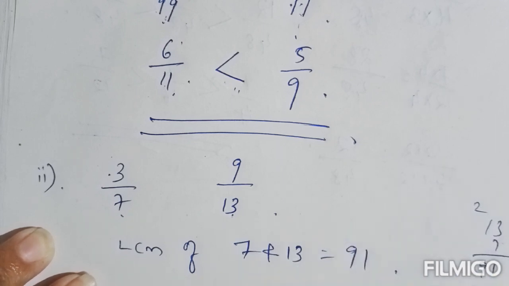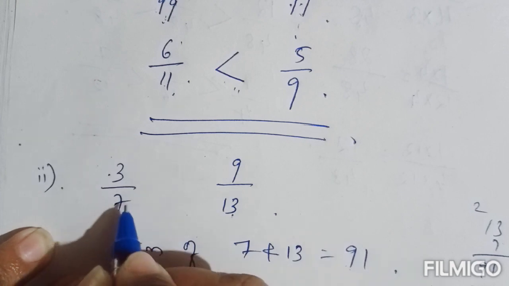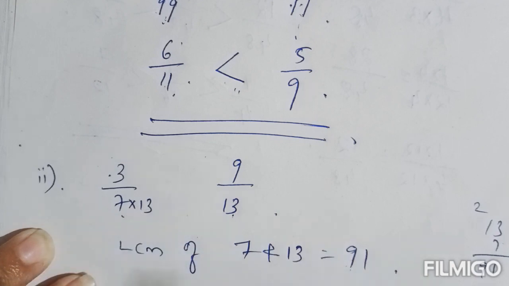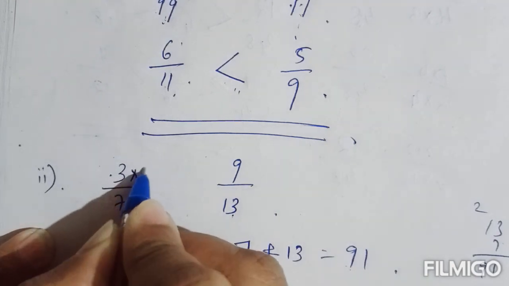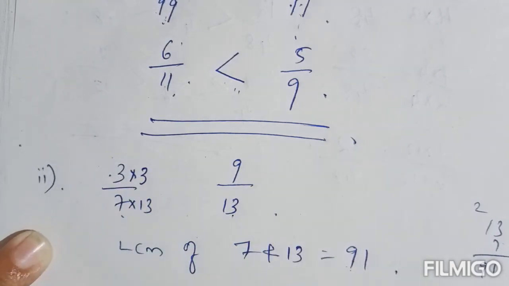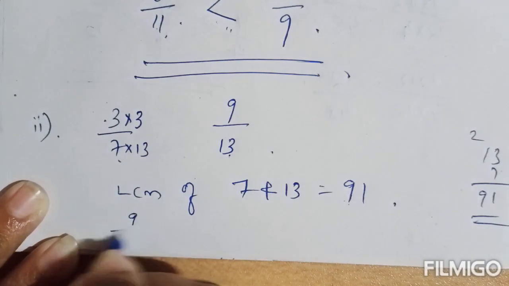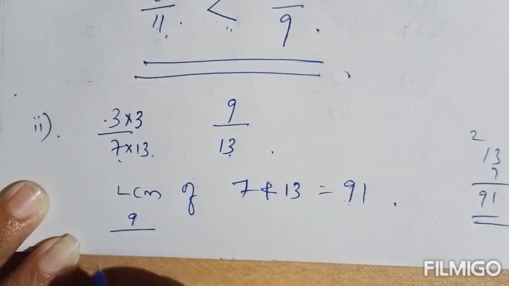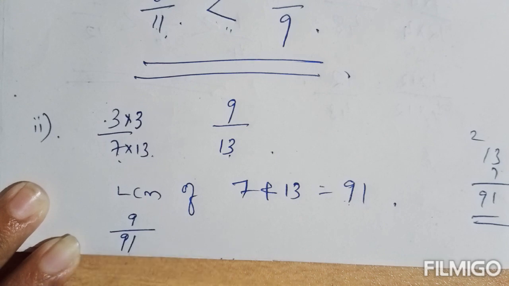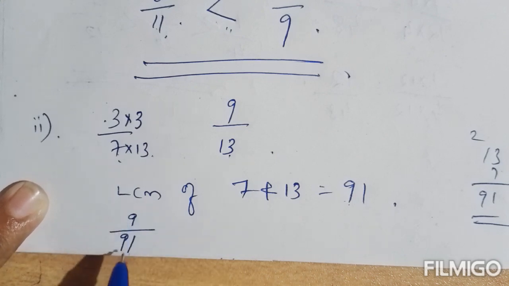Okay, now make the denominators equal to this LCM. 7 into 13 it is 91. So 3 into 13, 3 by 7 into 13, 91. 39 by 91 will be the first fraction.